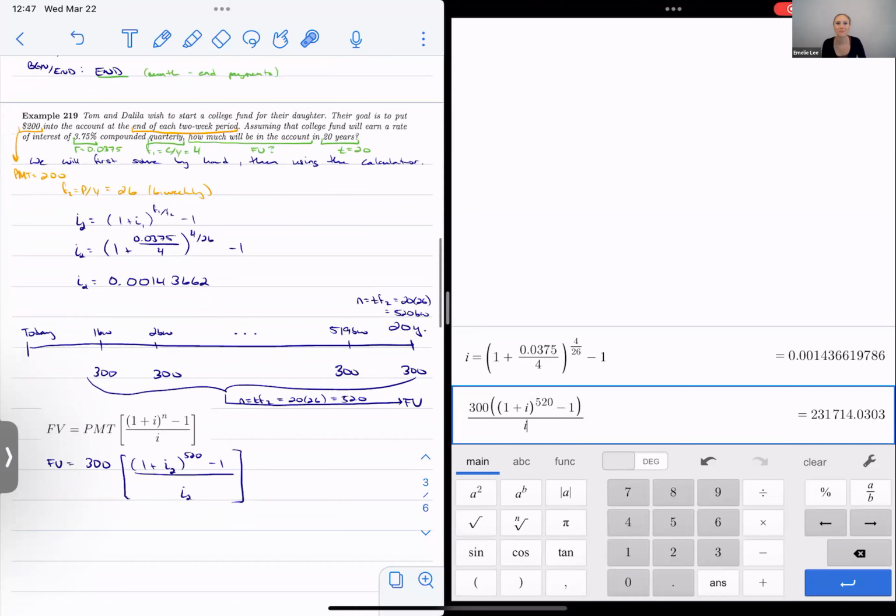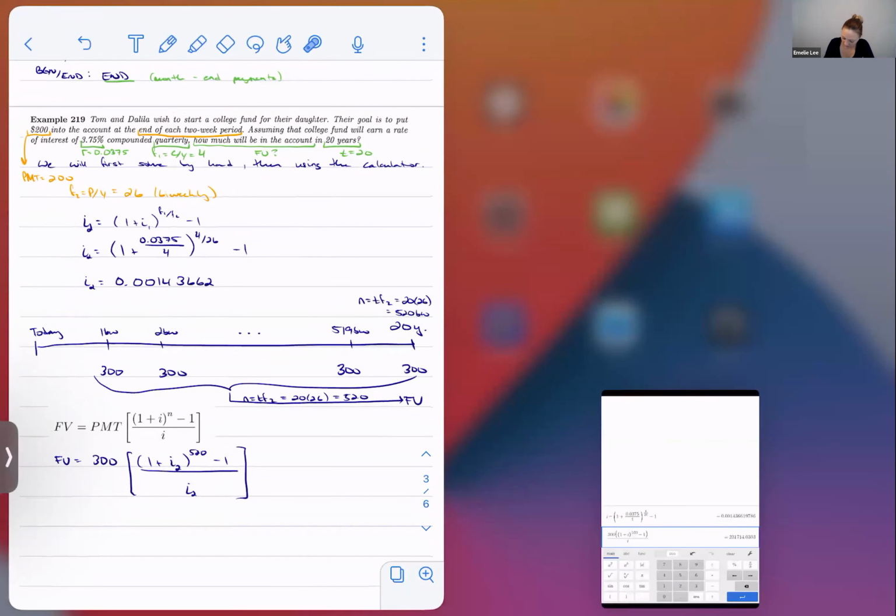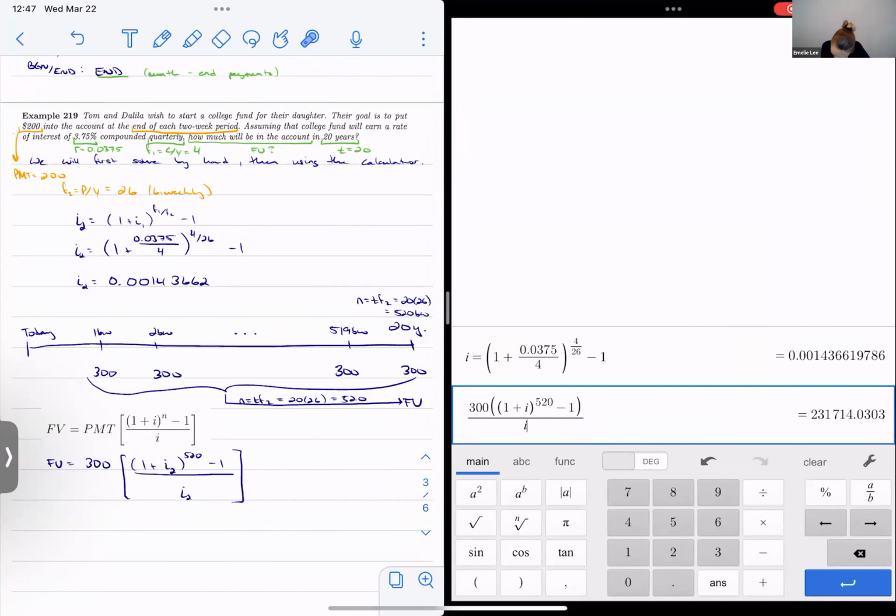Oh, I see my mistake. It was $200. Uh-oh. You know what? I'm going to change it here because the only change is there. So it's still salvageable. Phew. Okay. I'm going to screenshot this.